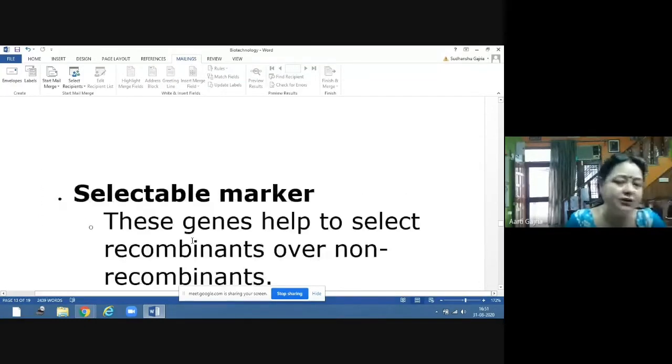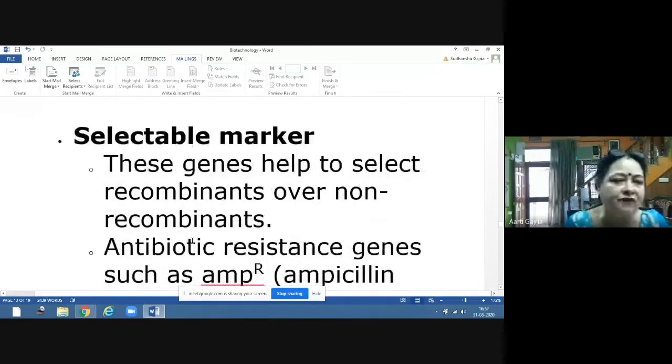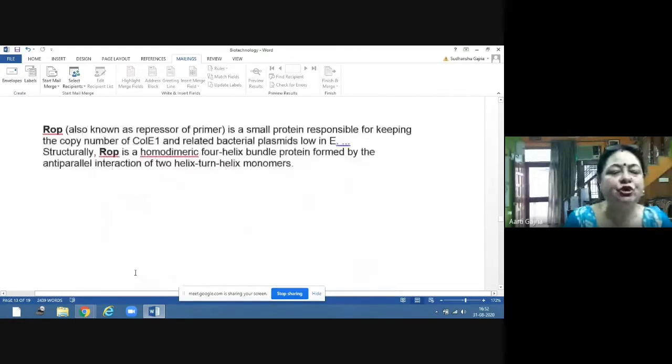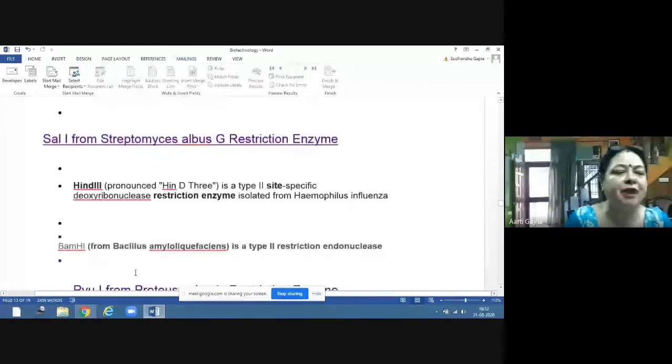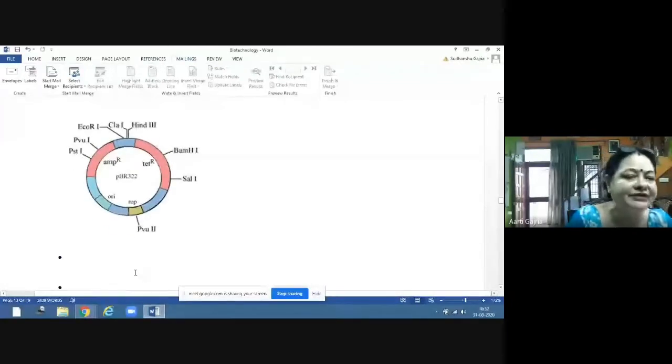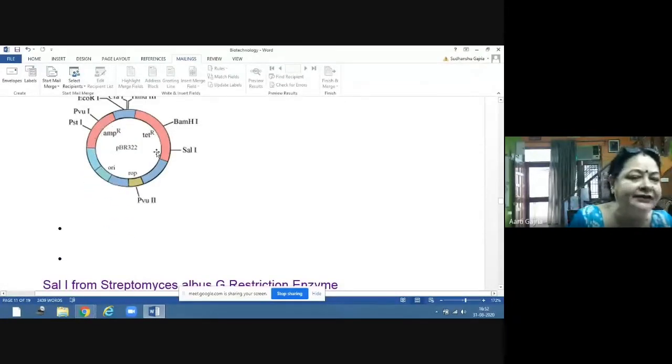Now, the second component after the origin of replication, which should be there in the vector, is the selectable marker. Now, what is a selectable marker? These are the genes which help to select recombinants over the non-recombinants. As we have seen, in pBR322 there are two selectable markers. What are these? Ampicillin resistant gene and tetracycline resistant gene.